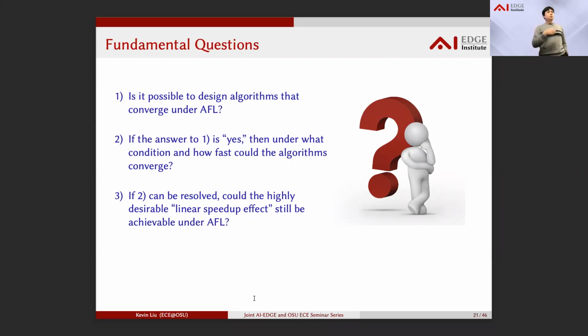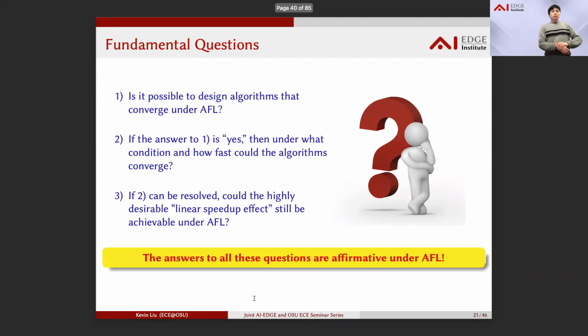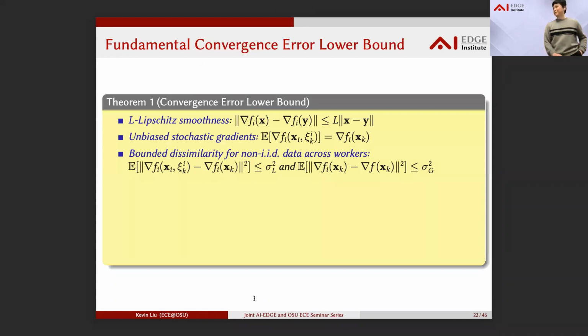Actually, this speedup effect is exactly the point of doing distributed optimization. With more clients, you will save more time. That's the whole point of doing things in a distributed fashion. Well, it turns out the answers to all these questions are yes. Otherwise, I wouldn't be talking about things like this here.